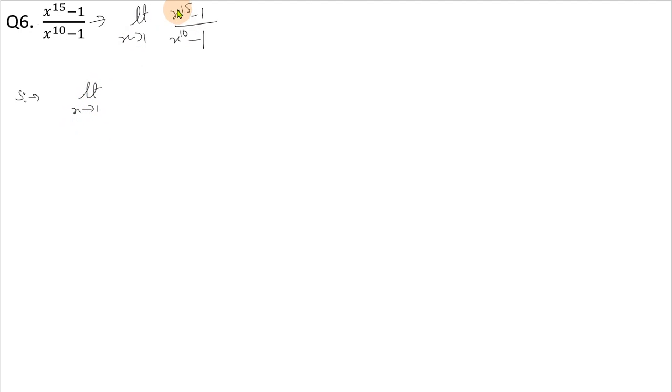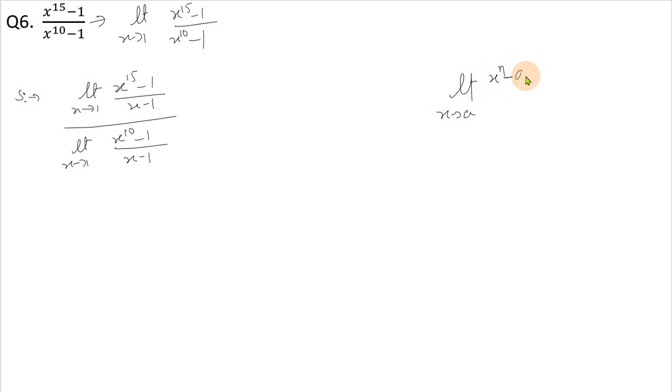I'm going to apply the limits in both numerator and denominator, and side by side I divide numerator and denominator by x minus 1 to make it in the standard form, which is limit x approaches a, x power n minus a power n upon x minus a, n into a power n minus 1. So I have divided numerator and denominator both by x minus 1 and separated the limits.